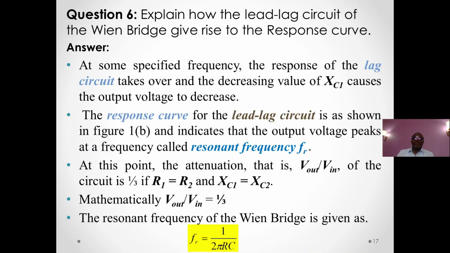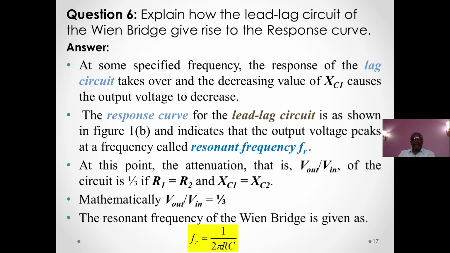Now to explain this lead lag circuit of the Wien bridge, and that is what question 6 is asking us: explain how the lead lag circuit of the Wien bridge gives rise to the response curve, that is the signal or the waveform that comes out of this Wien bridge. So at some specified frequency, the response of the lead lag circuit will happen like this.